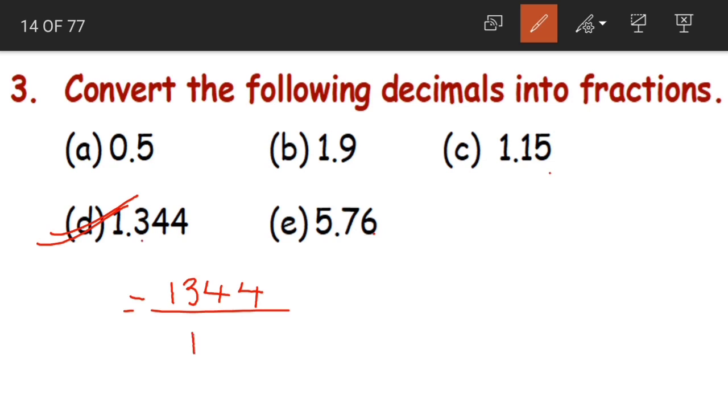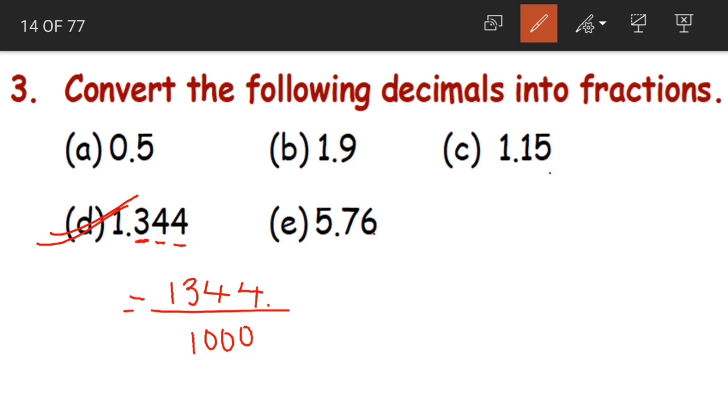After 1, how many decimal places do we have? We are having 3 decimal places. So we'll write 3 zeros after 1. 1344 divided by 1000 is our answer. But this is not in its simplest form.